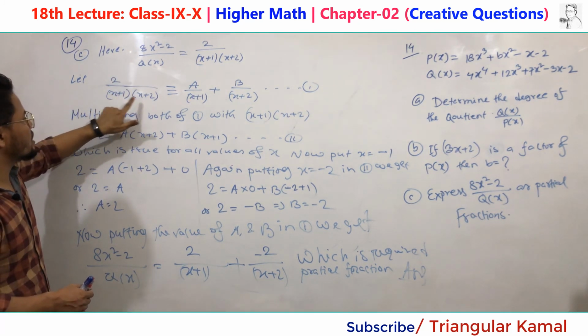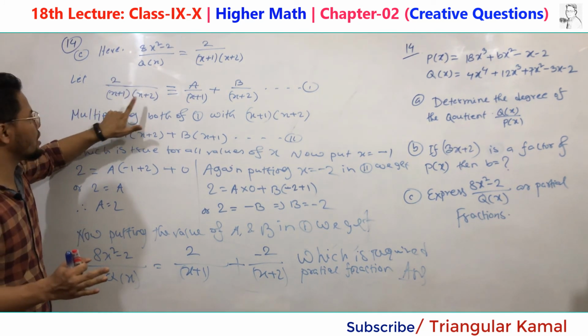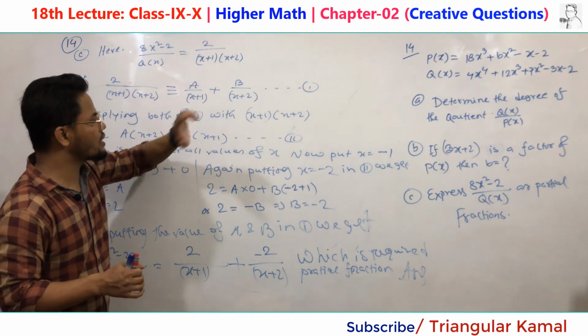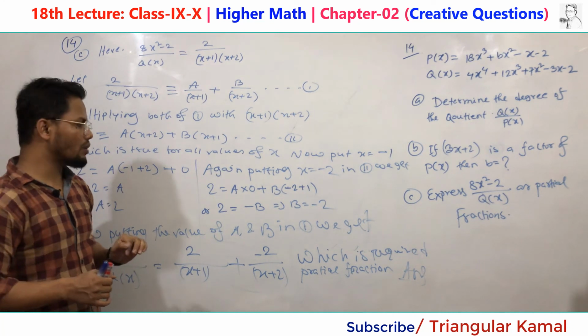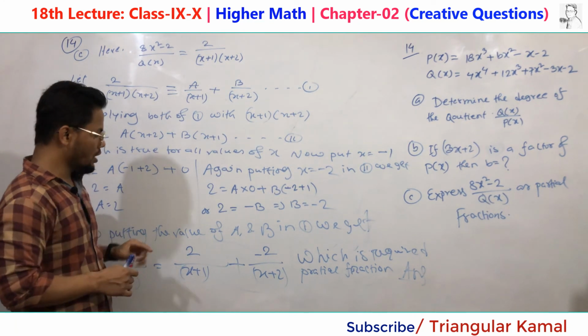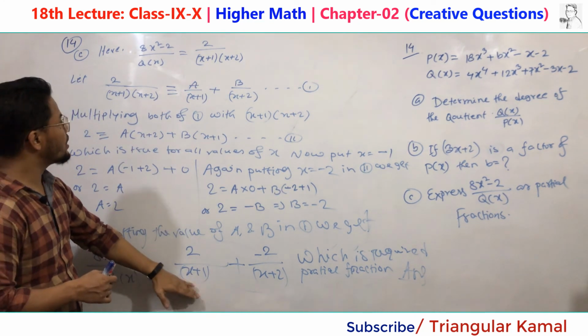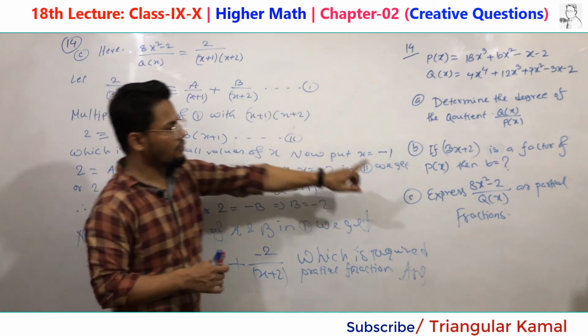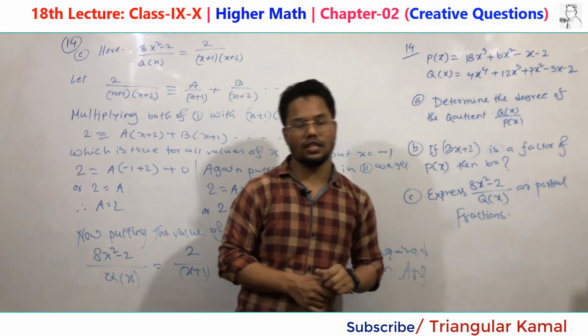Then give attention to the factors. There is no repeating and no quadratic form, just two factors, a by the first one, b by the second one, and doing method number 1 as already discussed. Then finally we get the values of a and b, and applying them, we found the result of the partial fractions.